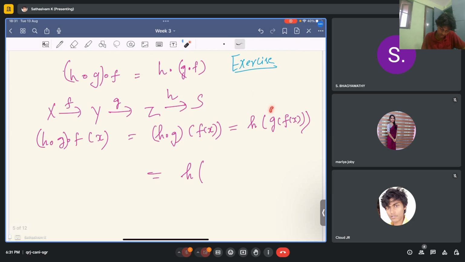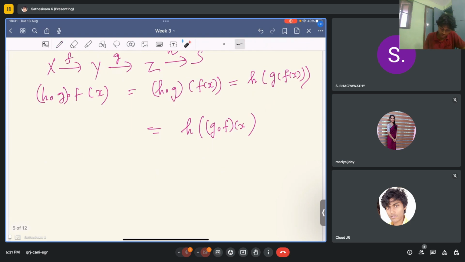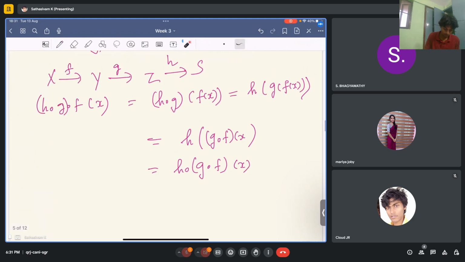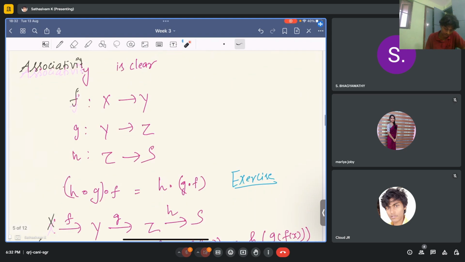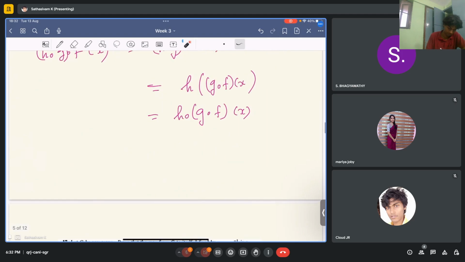This is g compose f of x. So this is one function, this is another function. Now the composition goes like h of g compose f of x. So we just proved it. This is the same as this. There is not much to prove. So associativity we proved.